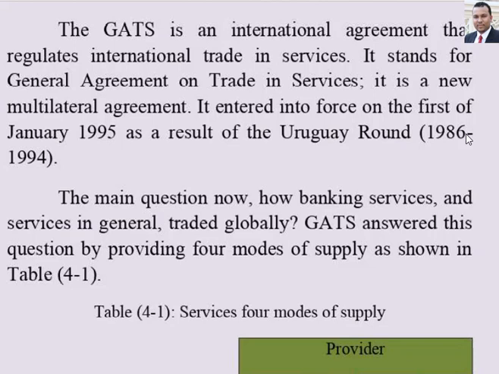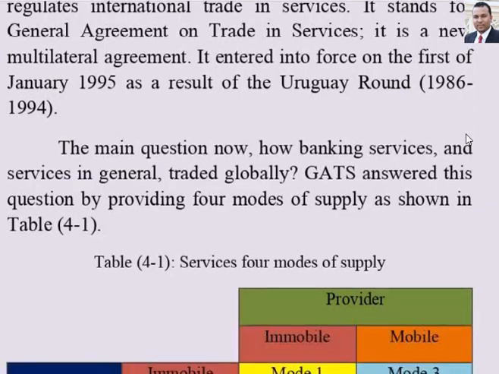So there is a difference between GATT and GATS. GATS, G-A-T-S, is the General Agreement on Trade in Services, but GATT, G-A-T-T, is the General Agreement on Tariffs and Trade. So this is the difference between GATT and GATS.